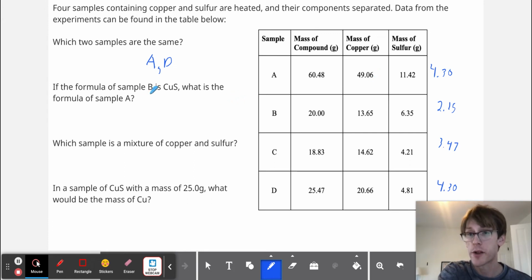The next question: if the formula for sample B is CuS, what is the formula of sample A? Well, I look at 4.30 and I can divide that by 2.15 and I get a perfect 2-to-1 ratio.